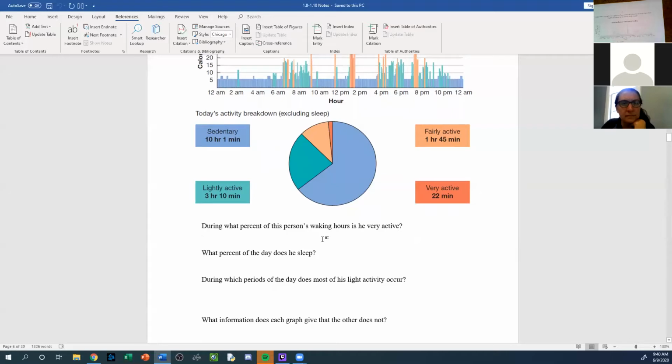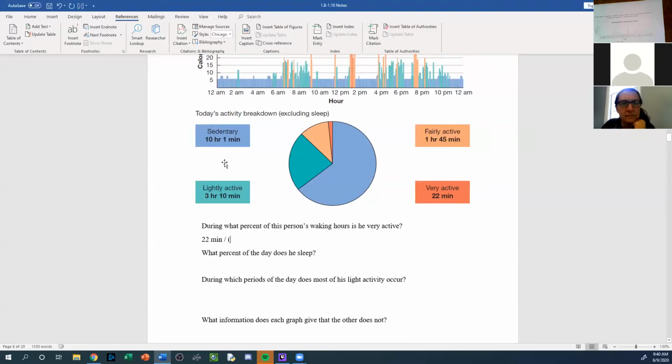So I'm going to have 22 minutes, and I'm going to divide that by adding all the rest of these up. So I'm going to add the fairly active, the very active, the lightly active, and the sedentary. I'm just dividing the part, this little sliver, divided by the whole thing.